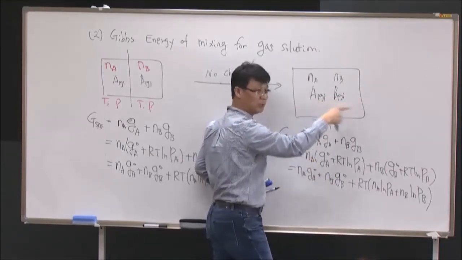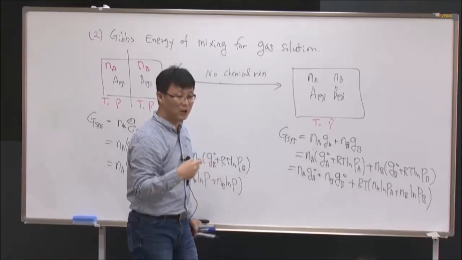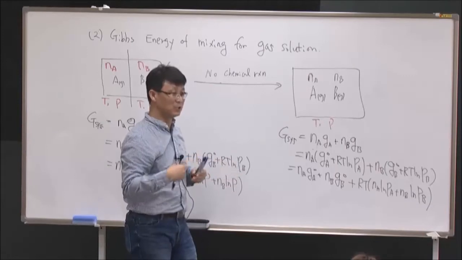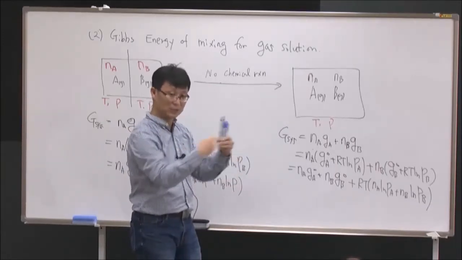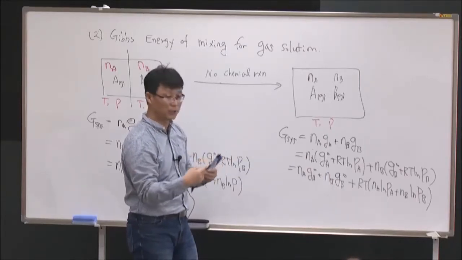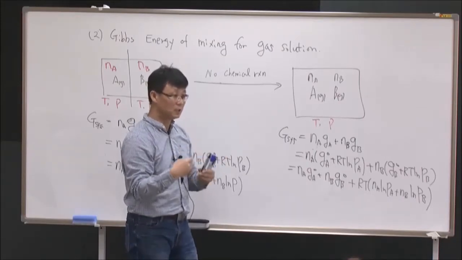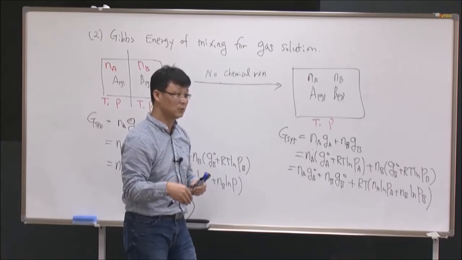And same thing for the B. So the partial pressure of A means how much pressure among the total can be contributed by the impact of the A molecule, A gas phase. And partial pressure of B is the same thing, how much impact energy is contributed by the B molecule, B gas phase, okay?